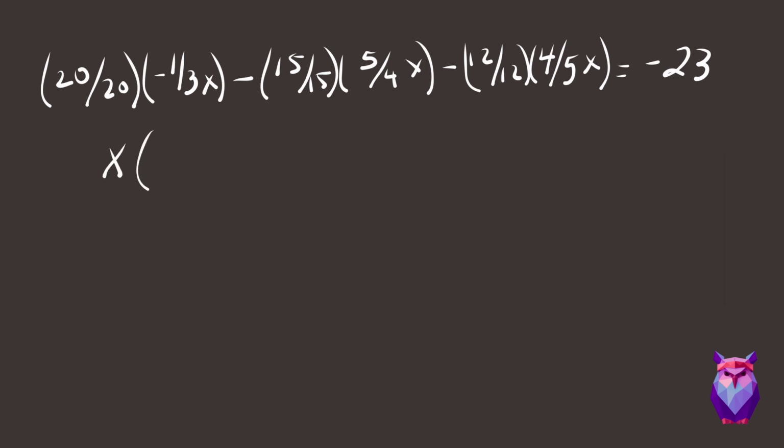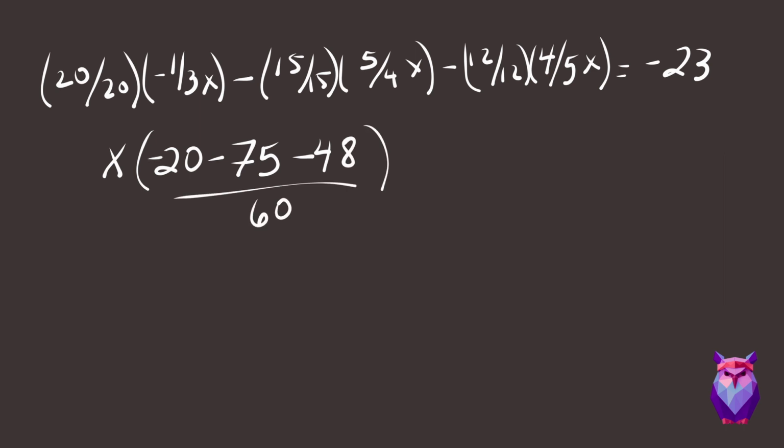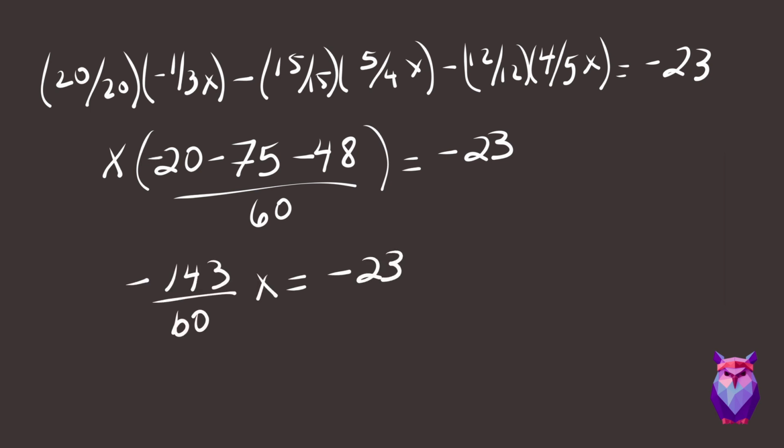X times the quantity -20 minus 75 minus 48 divided by 60 equals -23. -143/60 times x equals -23.